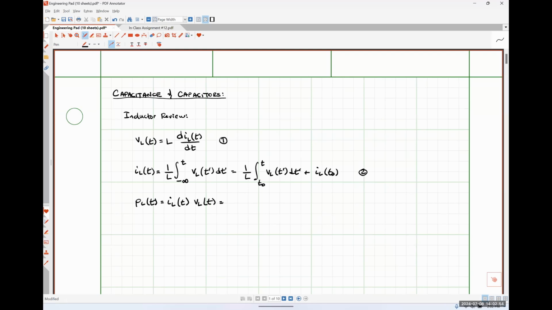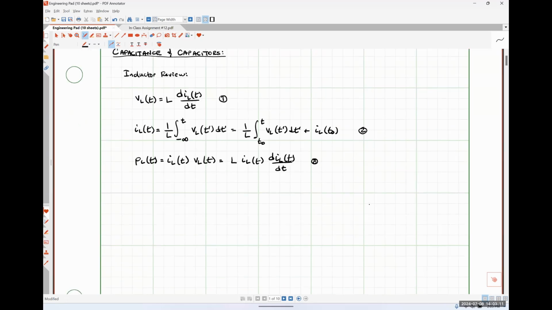And substituting in equation 1 for the voltage, this could also then be written as L times i times di by dt. Call this equation 3. And then lastly, the energy absorbed by an inductor is expressed as 1/2 times the inductor value times the square of the inductor current.